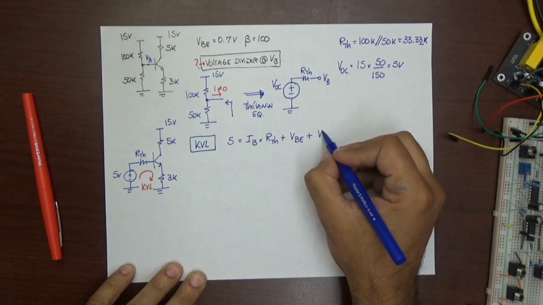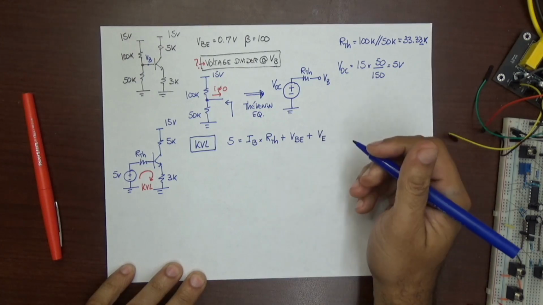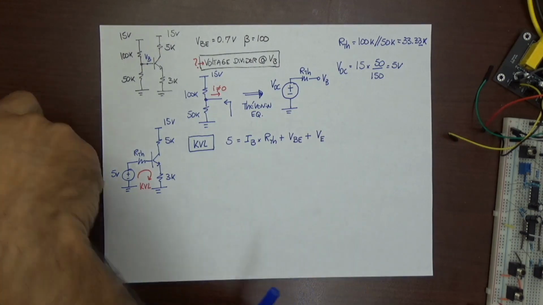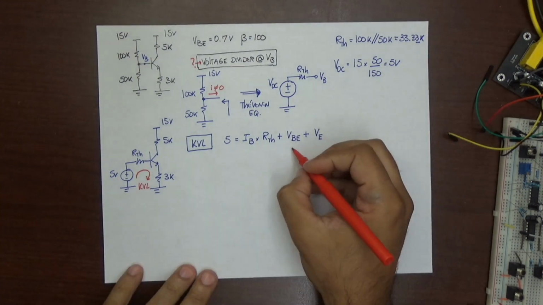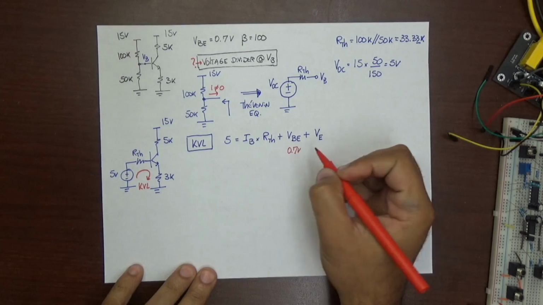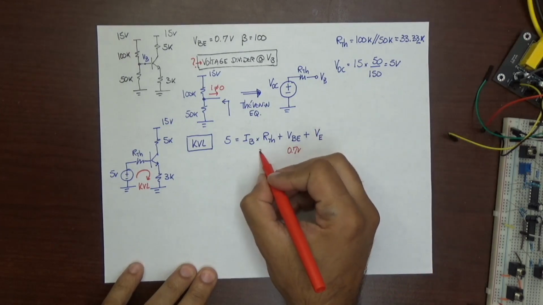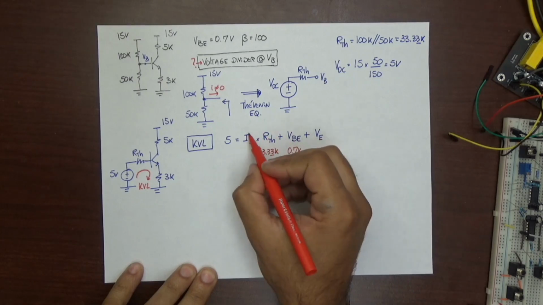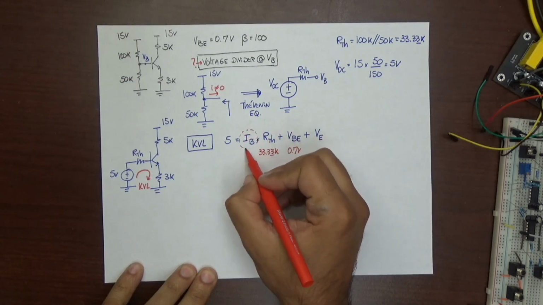Then if I rearrange the equation, I have it in this form with all positive voltages on the right side of the equation. And now let's write what we know. VBE we know is 0.7. We know that R Thevenin is 33.33K.